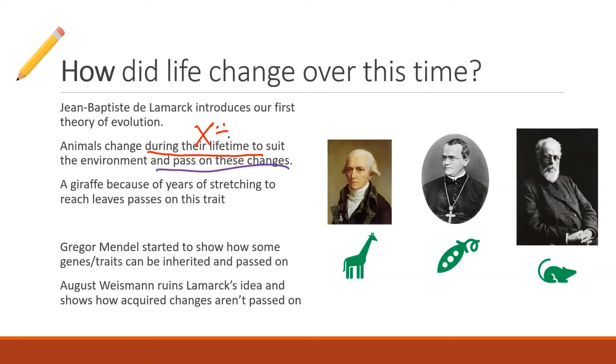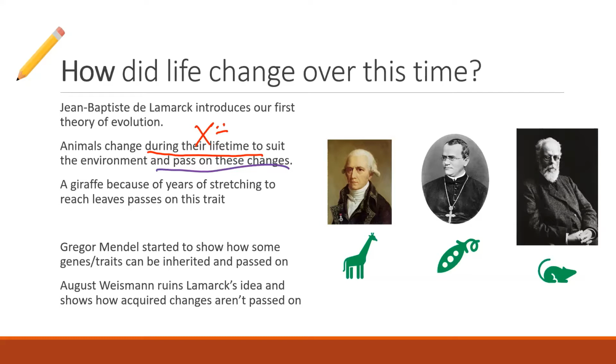Then when it has children, it passes that neck stretching trait onto its children, and so they start off with long necks, and that's what his theory was. Now, Gregor Mendel comes in here as well.